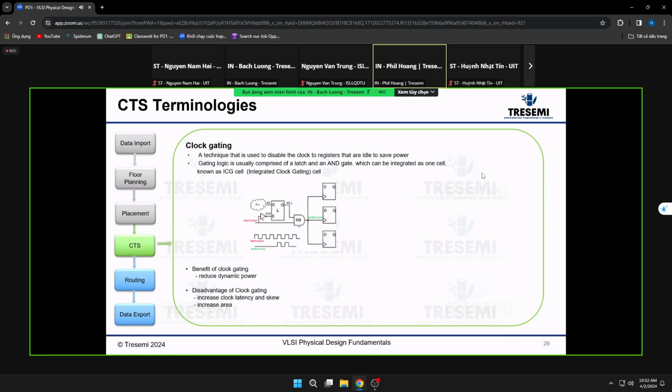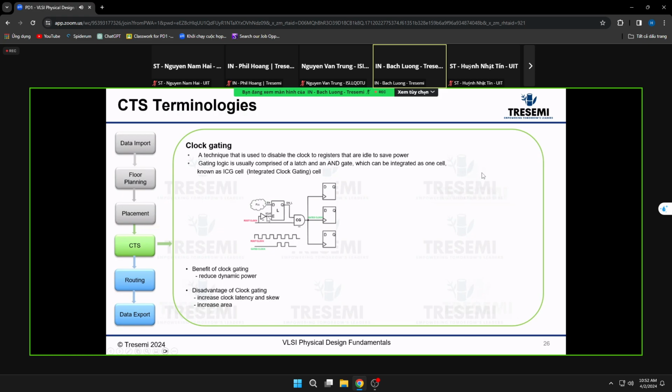Do you want to mention integrated clock gating cells? I think it's important for PD guys to know that. Yeah, I think I mentioned the ICG cell on the placement slide. So basically, this is one of the ICG cells. The ICG cell is basically created with a latch and an AND gate. It's compact. It's a custom built cell. It's one cell, right? If you have these as separate components, it's hard to control the timing, and you have a lot of glitches.